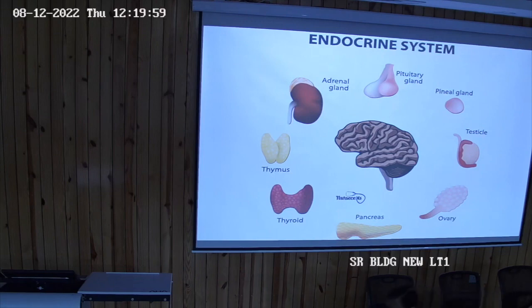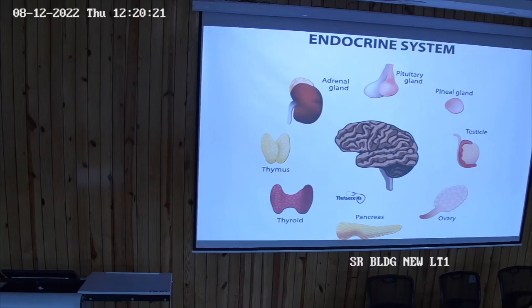The second cells in the pancreas are the beta cells. These beta cells secrete the hormone insulin, and this insulin decreases the glucose level in the body. In this way, they regulate the glucose level in the body.